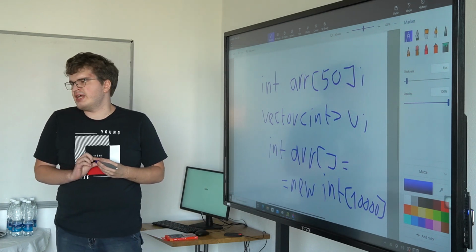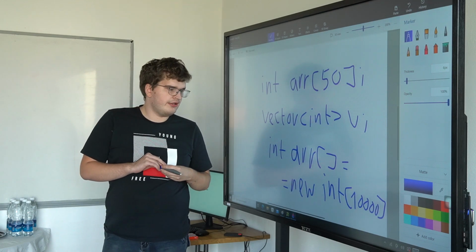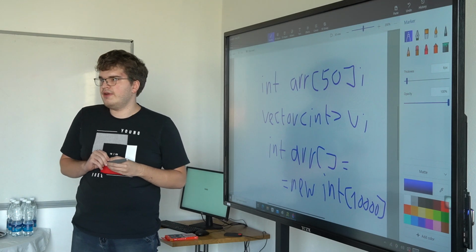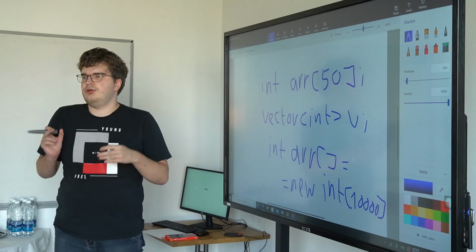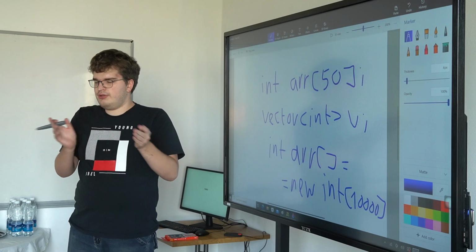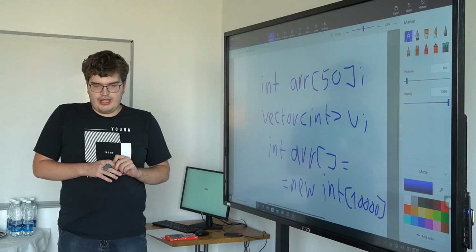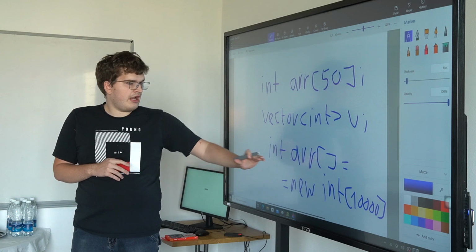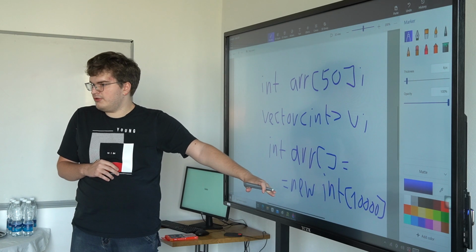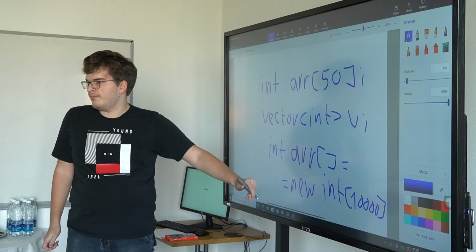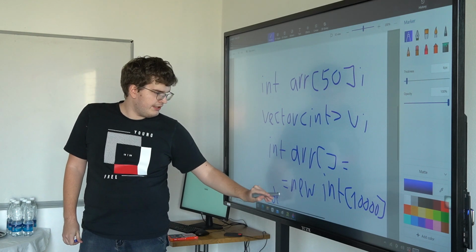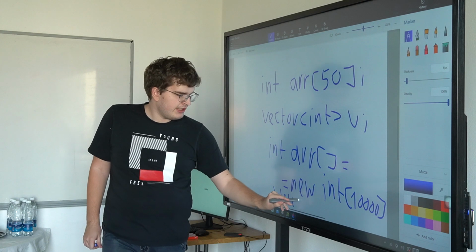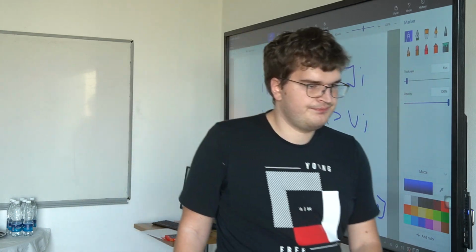There is some subtle difference between malloc and new and free and delete, but long story short, malloc and free is C, new and delete is C++. And if I have created it like this, what do I need to do at the end of the program? Delete the array.